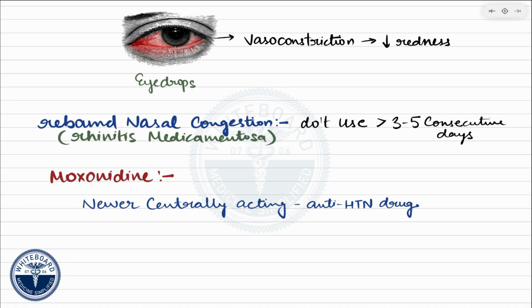However, there is one important difference between the two drugs. While clonidine primarily acts by stimulating central alpha-2 receptors, moxonidine acts mainly by stimulating imidazoline I1 receptors in the brainstem. It has only a weak action on alpha-2 receptors. Despite acting on a different receptor, the final outcome is essentially the same.